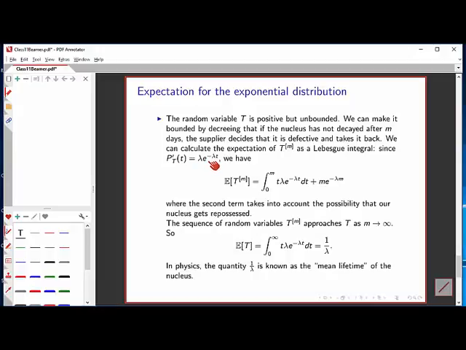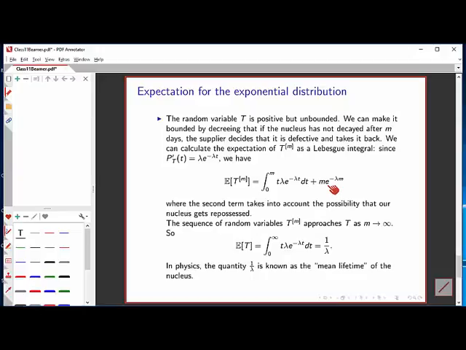Its derivative is lambda e to the minus lambda t, and the expectation is the integral of that up to m plus m, the number of days we have this if the manufacturer takes it back, multiplied by e to the minus lambda m, the probability that it would decay at a later time than that if we kept custody of it.